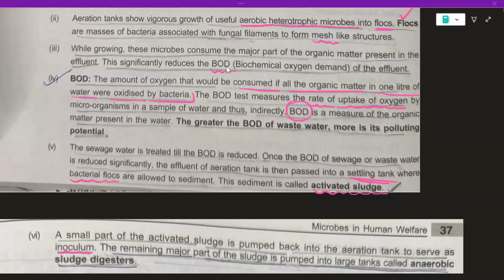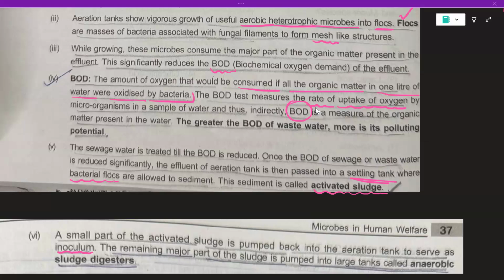It is a measure of the amount of oxygen that can be taken up by microorganisms. So if the BOD increases, it means more pollution. If the BOD is less, it means less pollution. Now the sewage water is treated till the BOD is reduced.